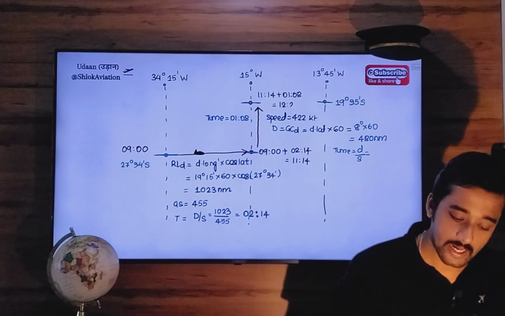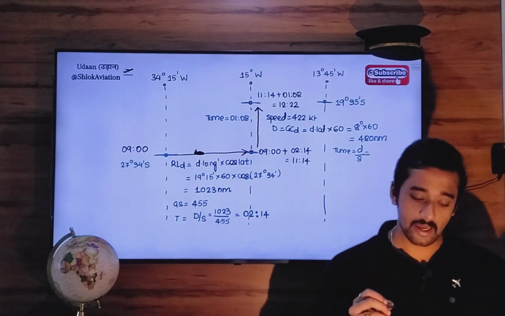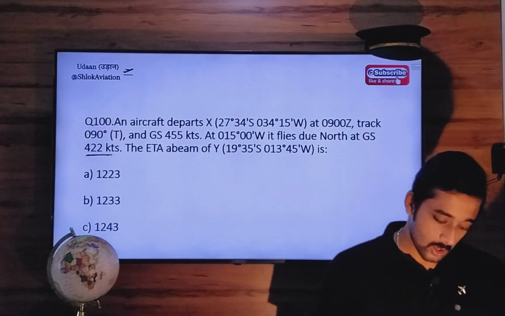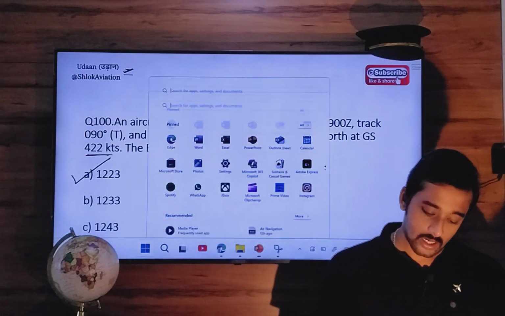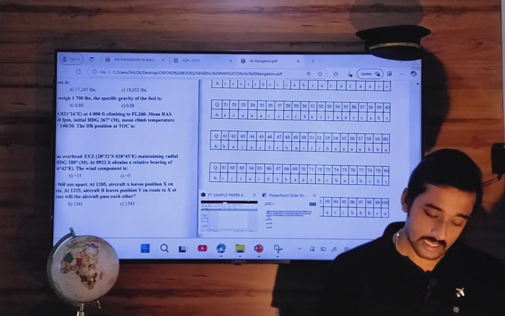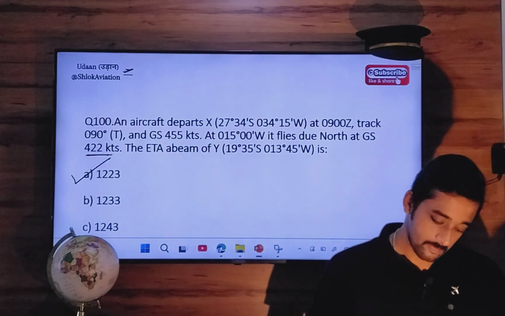So the correct option here will be option A, the closest option, 12 hours 23 minutes. Simple.